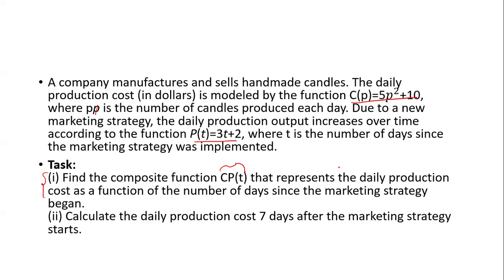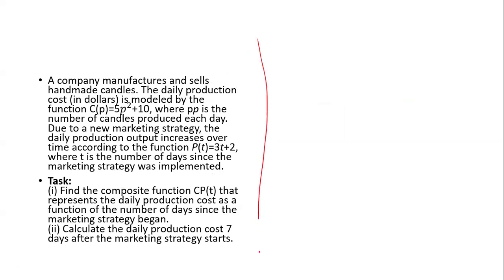Now here, I wanted to show you that you should not cram that your functions are supposed to be F and G. No, they can be in any variables as long as it really applies. So now here we are going to ask ourselves, how do we get the first function? When they ask us C(P(T)), this one is always the input for our second function of C. So I first say this is C. Then what is P?